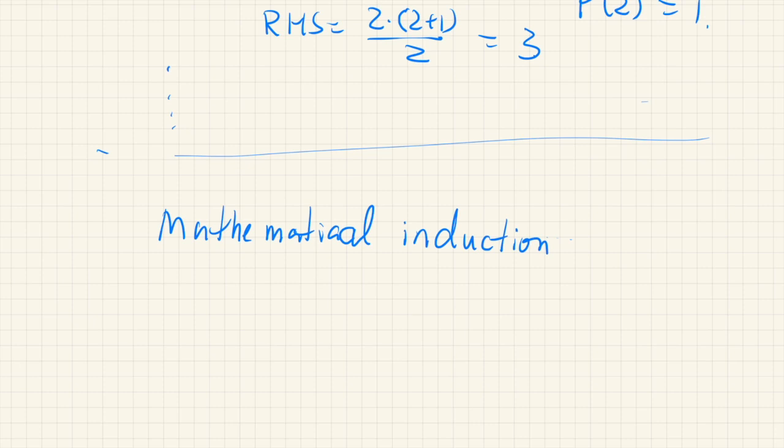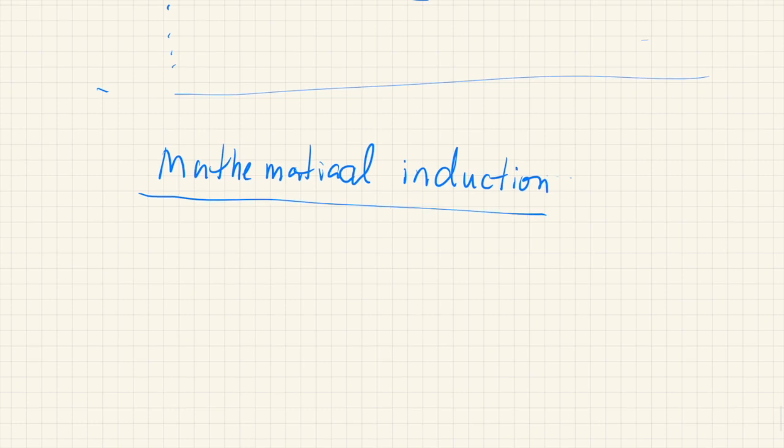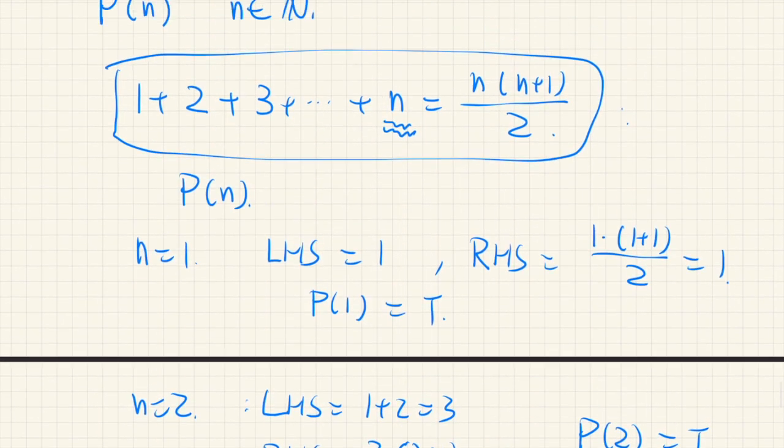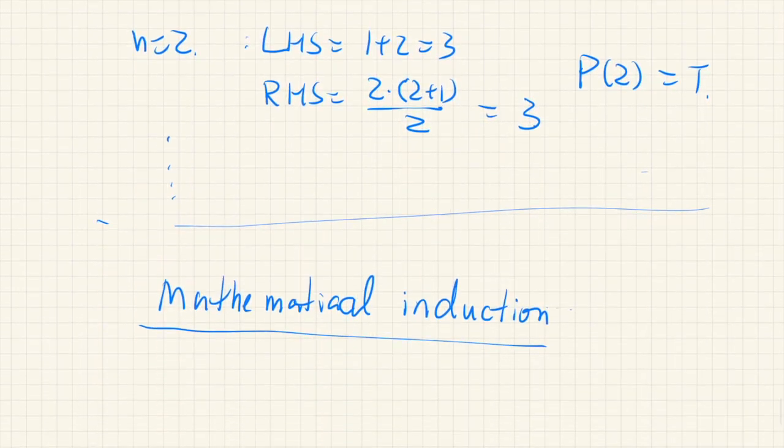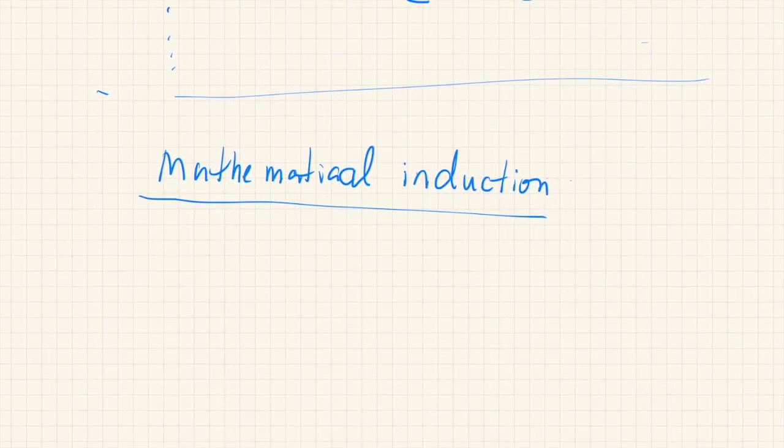So induction means you conclude something from various examples, okay? But this is not the case here. Mathematical induction is actually deduction. Anyway, this principle of mathematical induction can be derived from the principle of well-ordering of natural numbers, but here we introduce it as an axiom.